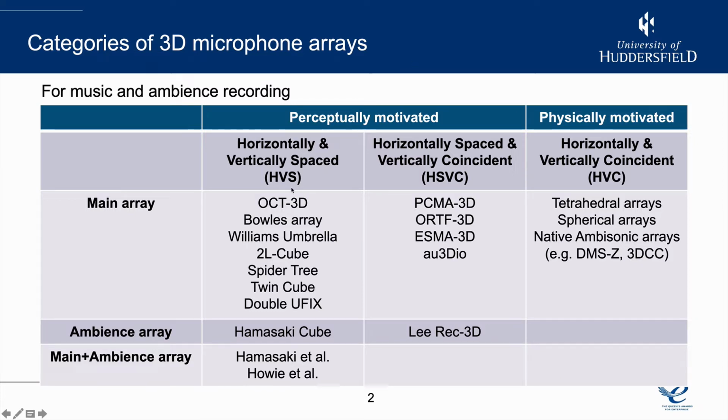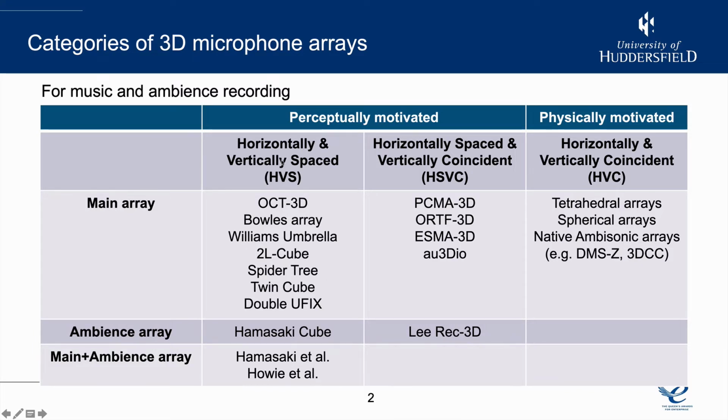So we can call the first group HVS arrays in short, the second group HSVC, and the third group HVC in short.